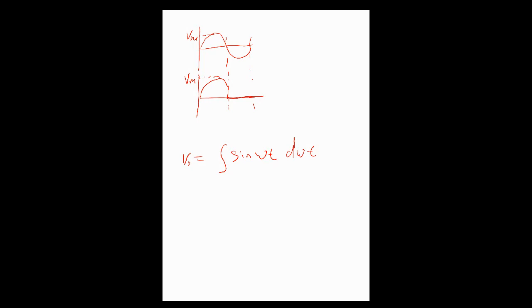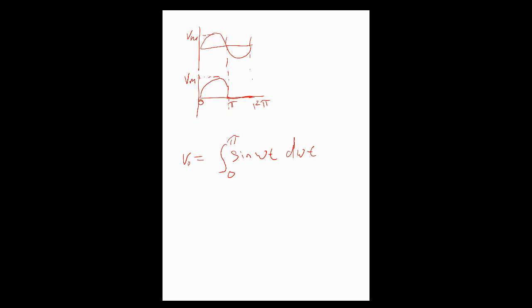This is the sum. Where are we going to sum between? Here is 0, here is pi, here 2 pi. Between pi and 2 pi it's all 0, so we can sum between 0 and pi. That's the sum of all the points there.